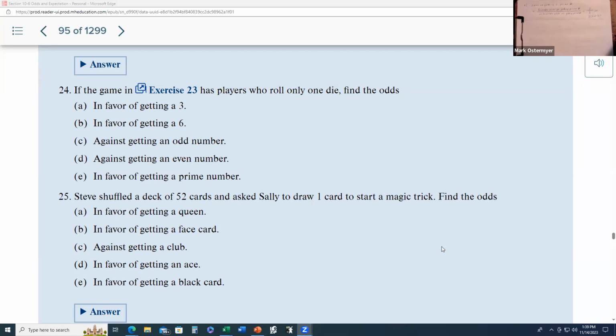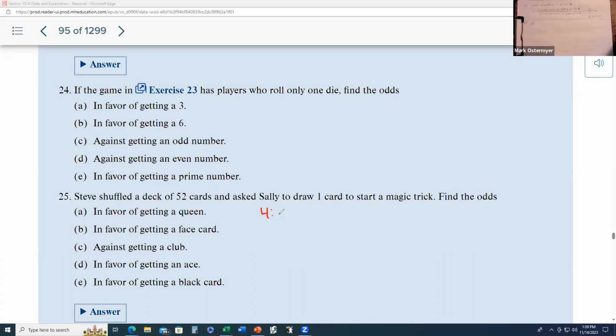Okay. So what's the odds in favor of, this is 25A here. What's the odds in favor of getting a queen? Well, how many queens are there in a deck? There's 4 queens. Do you agree? A queen of hearts, a queen of diamonds, a queen of spades, and a queen of clubs.